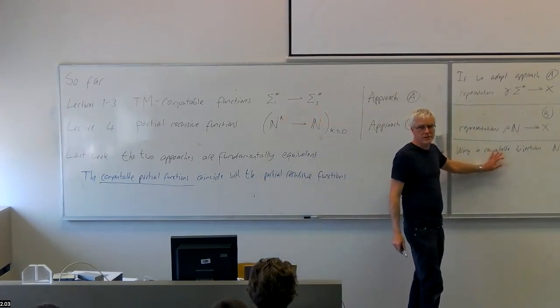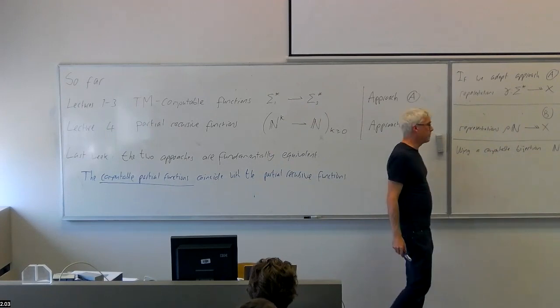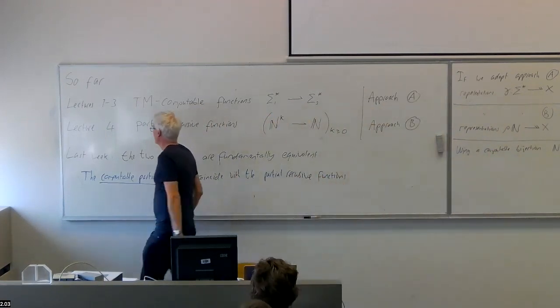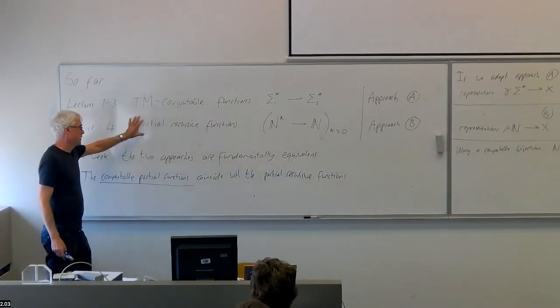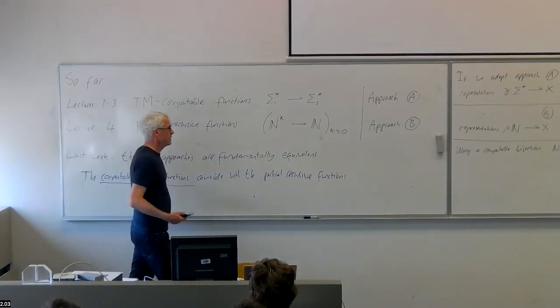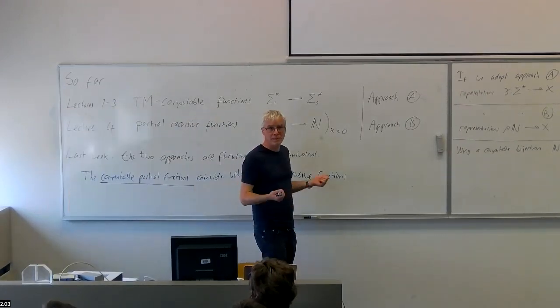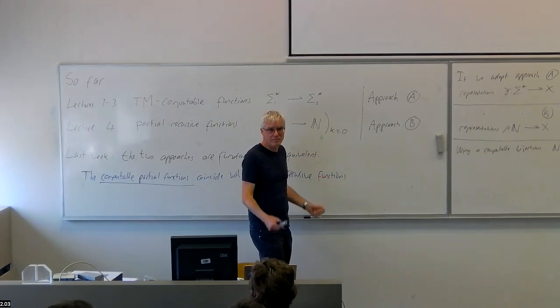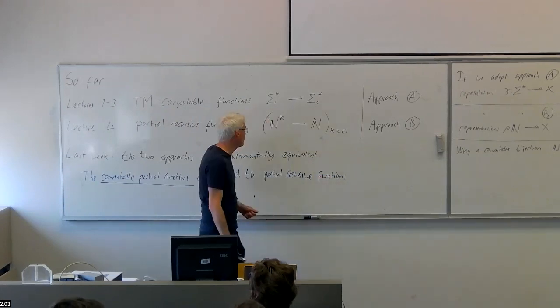But what I want to do now in the course is begin to take the computable functions on the natural numbers as the basic notion of computability. It has some advantages in that natural numbers are somehow the simplest mathematical entities you have, the first mathematical thing you learn about as a child.